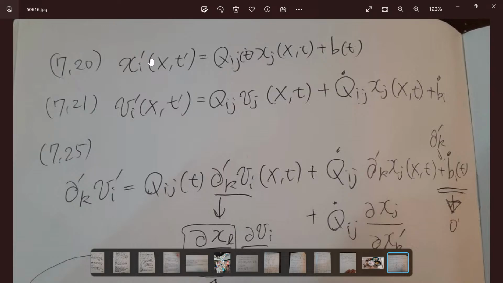Okay, so xi prime, which is a particle for particle x, but time is t prime. This position in material coordinate is expressed in terms of the material coordinate at time t. Then this is also about particle x. So you have a material coordinate xj when the time is t.